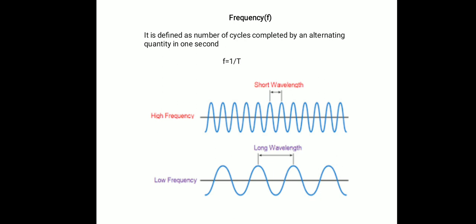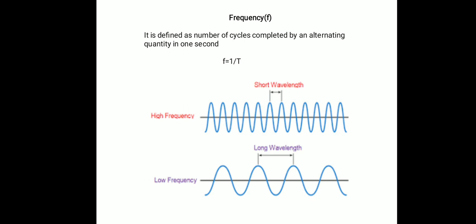If it completes 2 cycles in a second, then it is called 2 hertz frequency. If it completes 50 cycles in a second, then it is called 50 hertz frequency. So the line frequency which we receive at home from the MCB is 50 hertz. So that signal or that AC quantity can complete 50 cycles in 1 second, and the unit of frequency is the hertz.